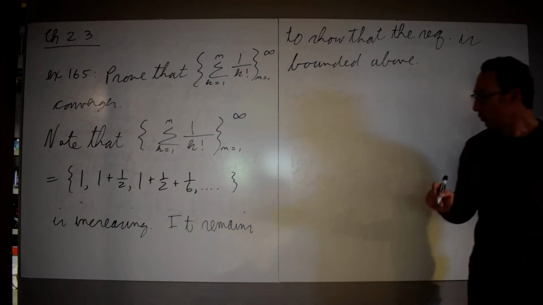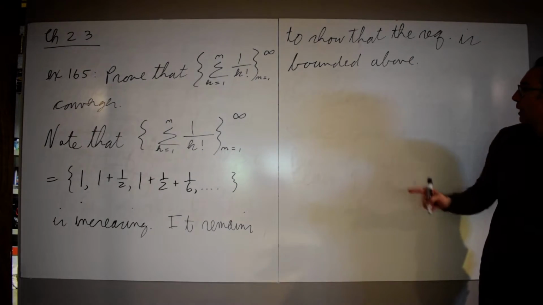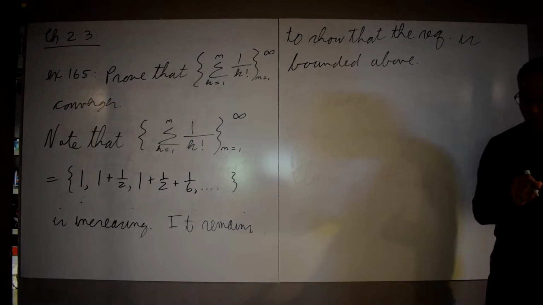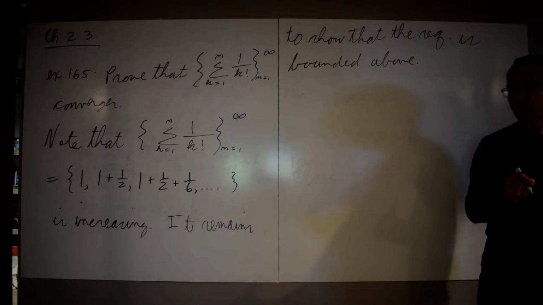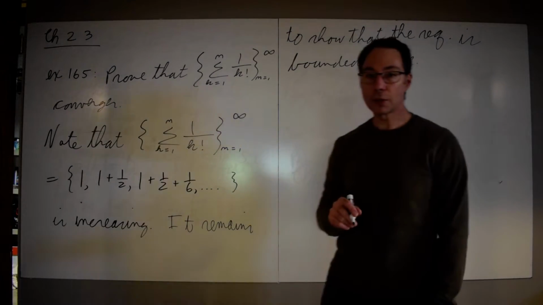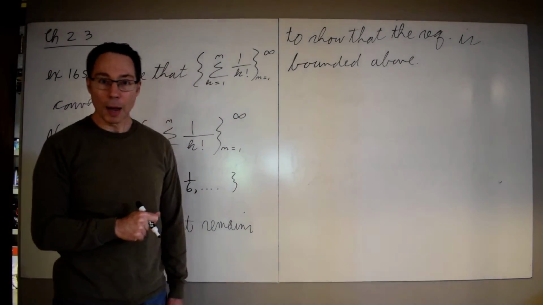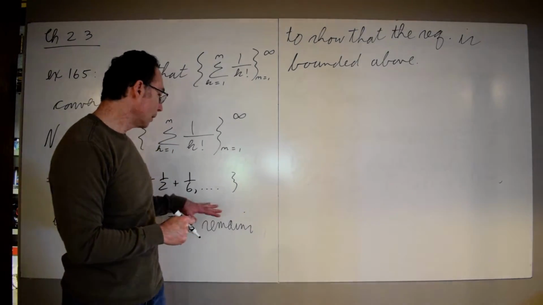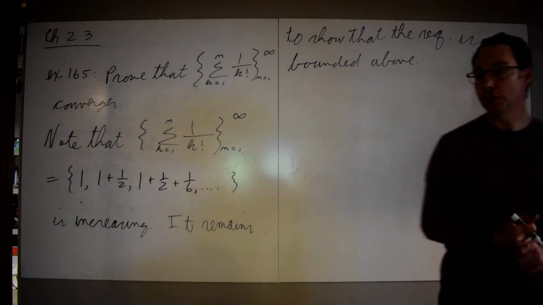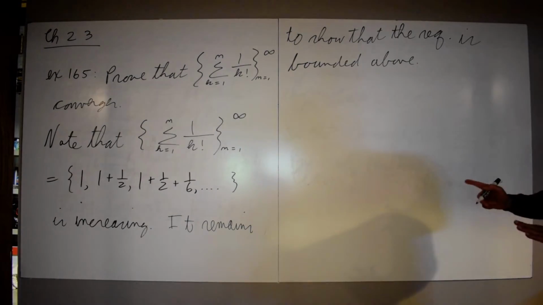Sorry, we've shown that it's increasing, so it's monotonic. So now we need to show that it's bounded above. And we're going to use previous examples to do that. There's another sequence we looked at before spring break that we saw was bounded above by 2. So we're going to prove that this sequence is bounded above by 2 by comparing it to that one.